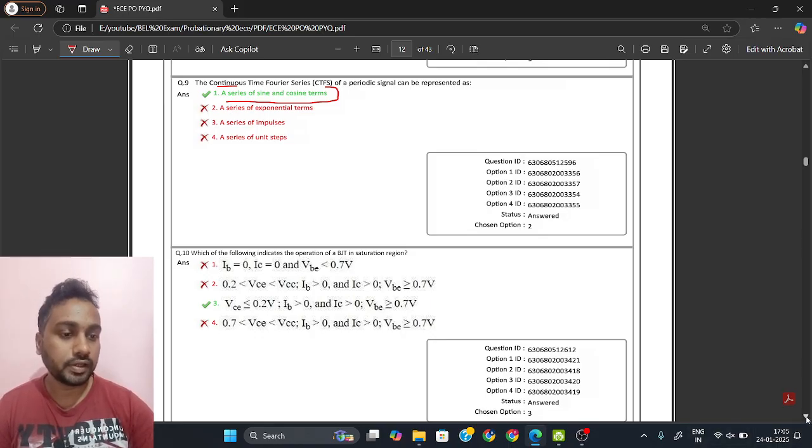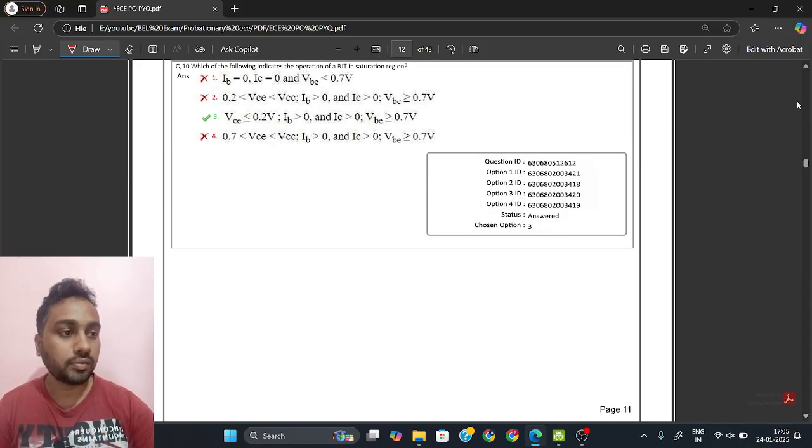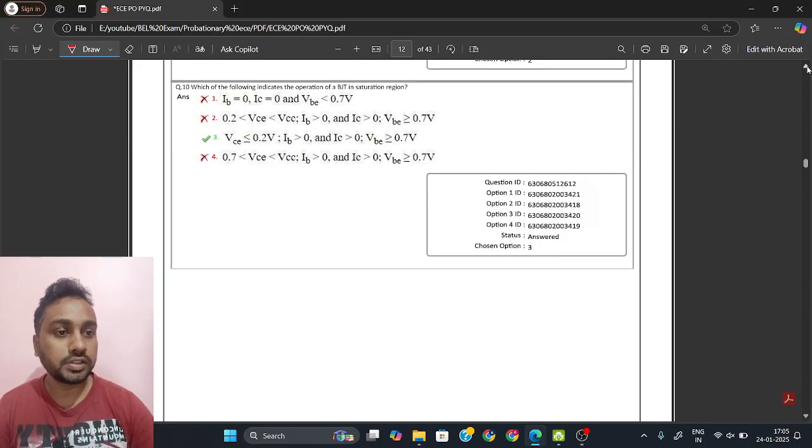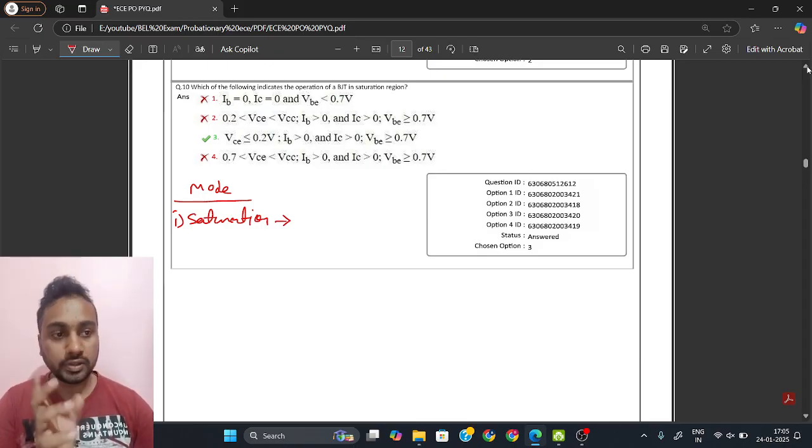Now the next one, which of the following indicate the operation of BJT in saturation region? So we have some modes of region for transistor. First, we will see about saturation region.